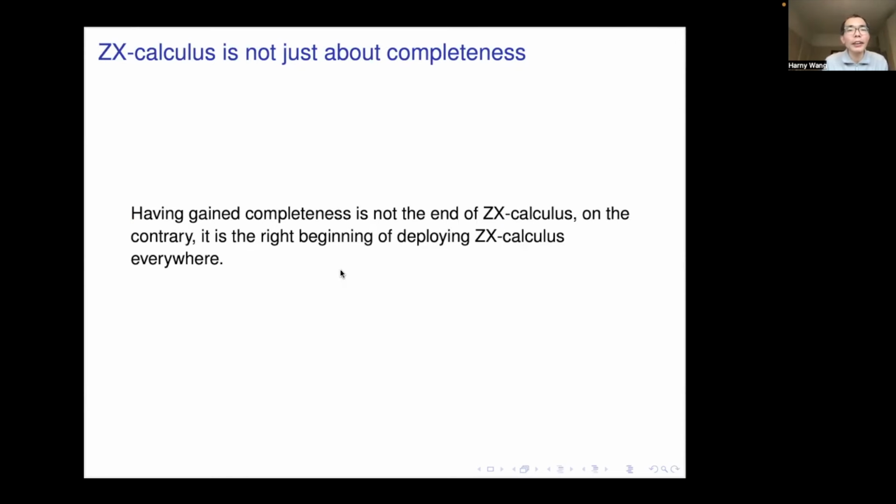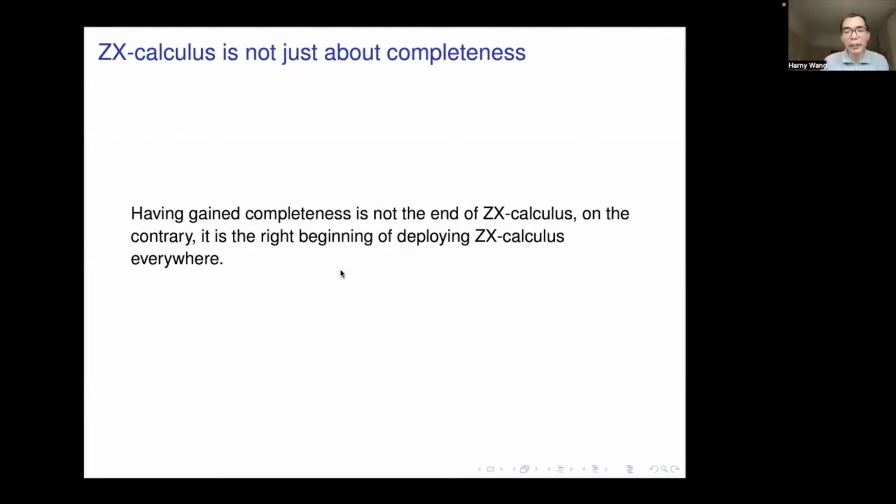Is all the work about ZX calculus finished? We have the completeness, but no, actually not. Having completeness of ZX is not the end. It's actually the beginning of the ZX calculus, which means you have a good start to apply this graphical calculus.